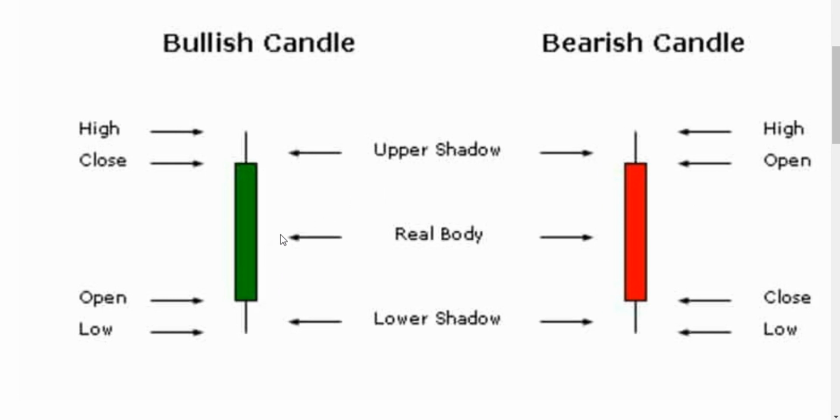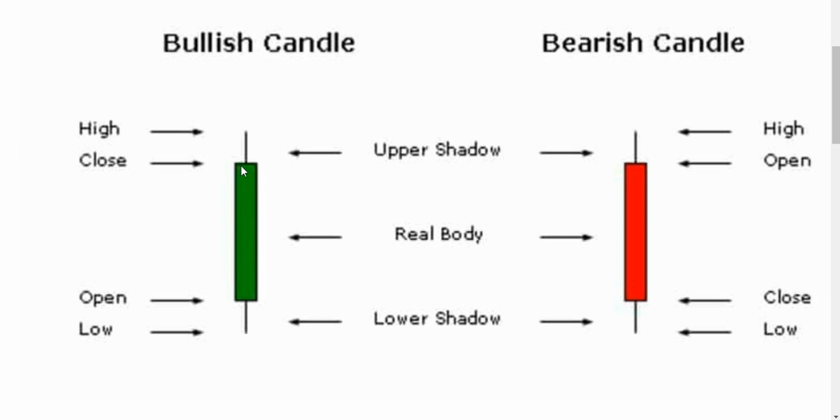Just to break the candlestick down a little bit. The colored part is basically the body. On a green candlestick, the bottom is where the price opened during that time frame. So let's say we're using a daily chart, meaning every candlestick represents one day.